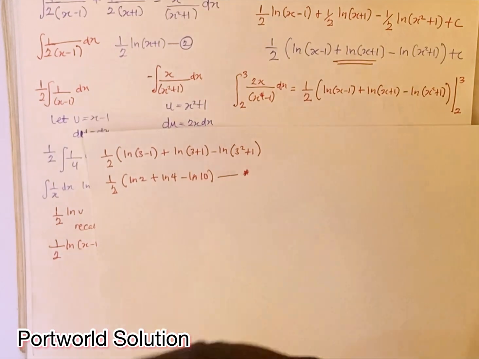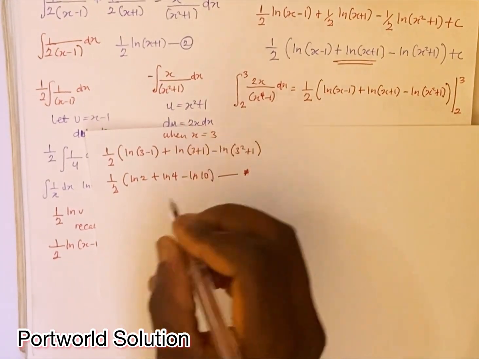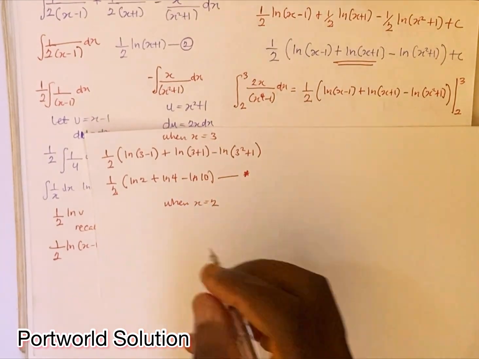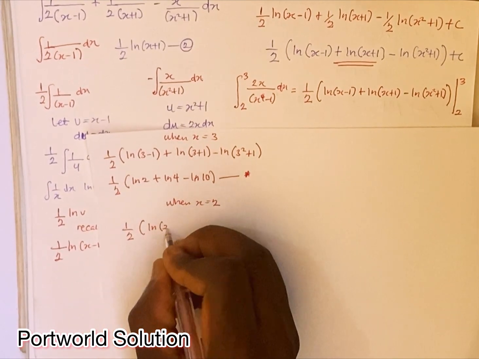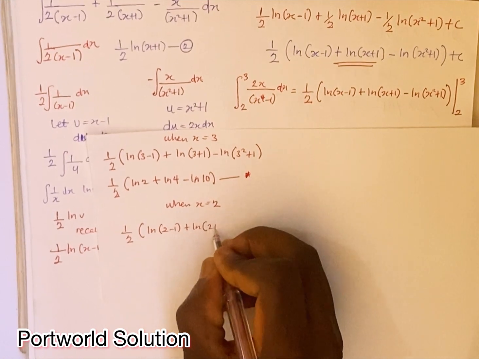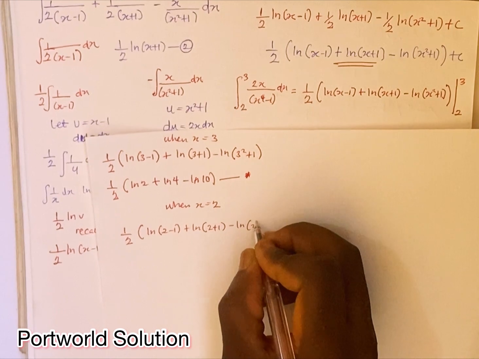Now when x equals 3, then when x equals 2, I'm going to put it there. I'm going to have 1 over 2 into brackets natural log of 2 minus 1, then plus natural log of 2 plus 1, then minus natural log of 2 squared plus 1.